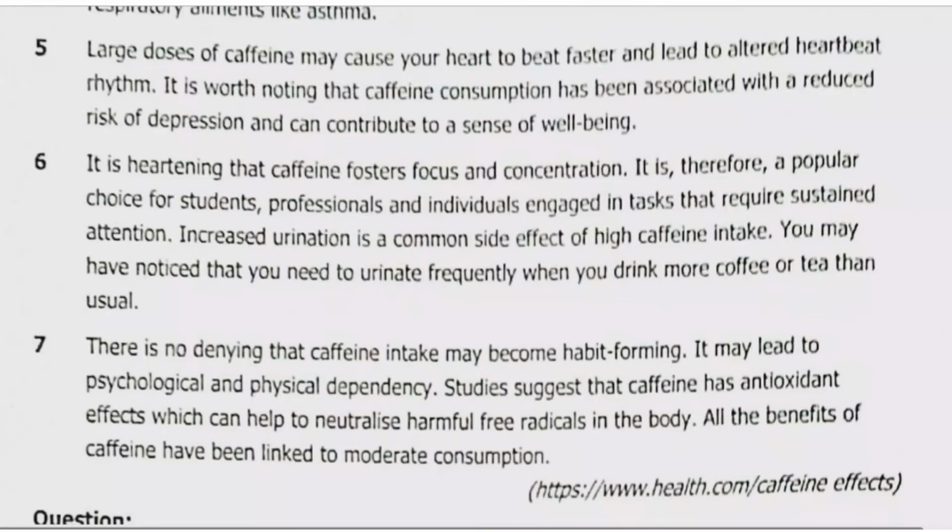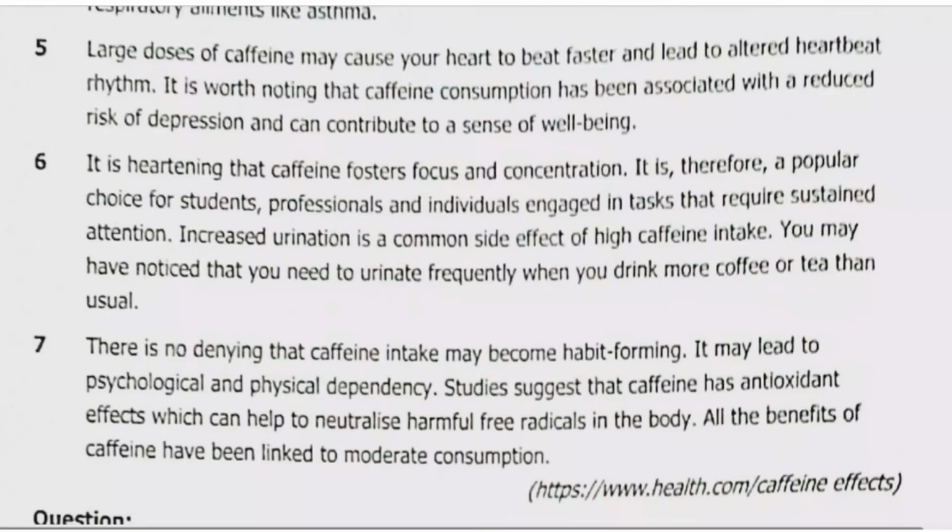It is therefore a popular choice for students, professionals, and individuals engaged in tasks that require sustained attention. Increased urination is a common side effect of high caffeine intake. You may have noticed that you need to urinate frequently when you drink more coffee or tea than usual.